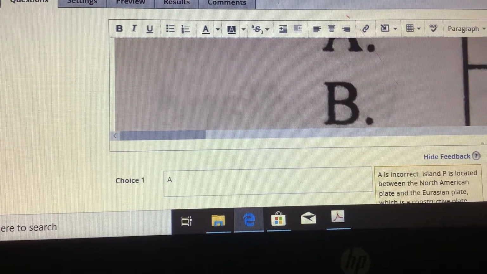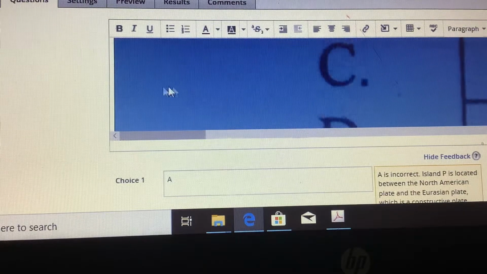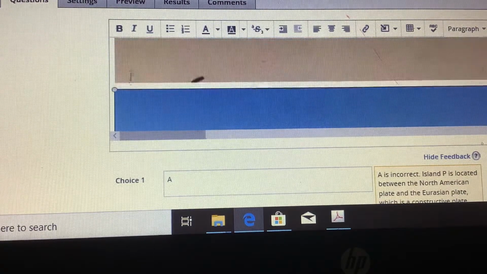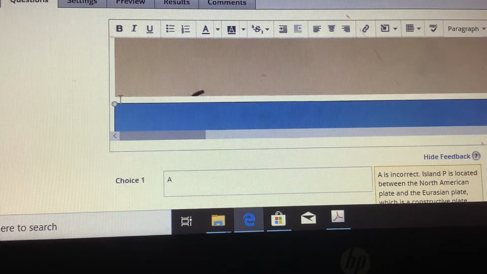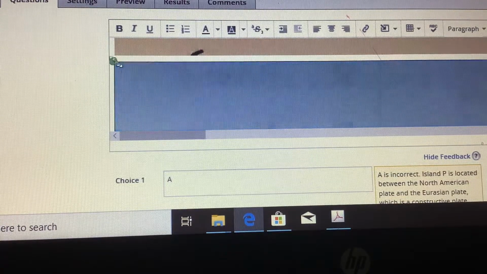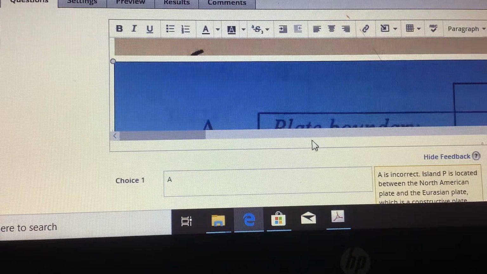But can I make it smaller? Like this? Wait a minute. Sorry about this. Even smaller, please. Smaller, come on. Almost done. Wait a minute.